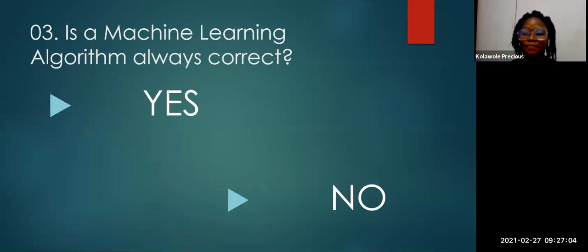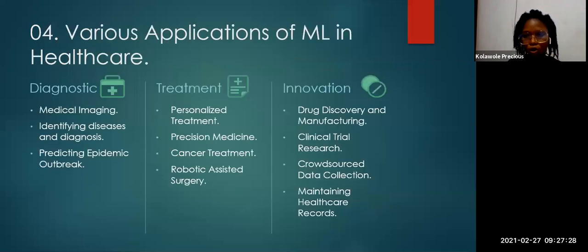The effectiveness and correctness of an algorithm will solely depend on the quality of the computer code from which it has been written, the kind of code written by the programmer, and also the quantity and quality of data from which this algorithm is learning.